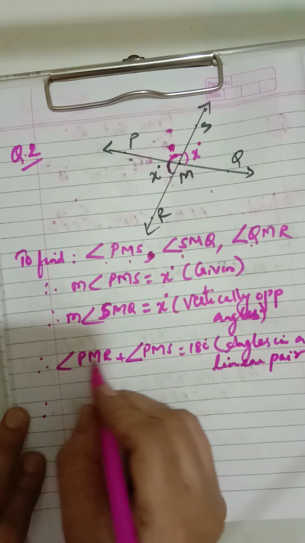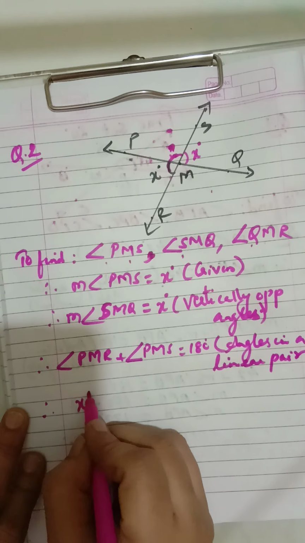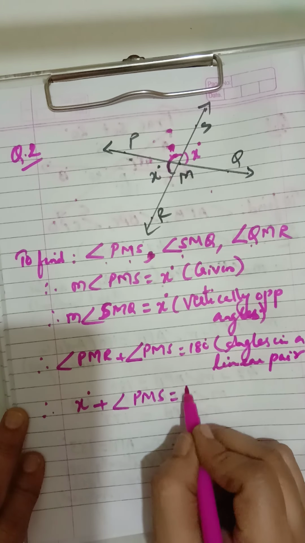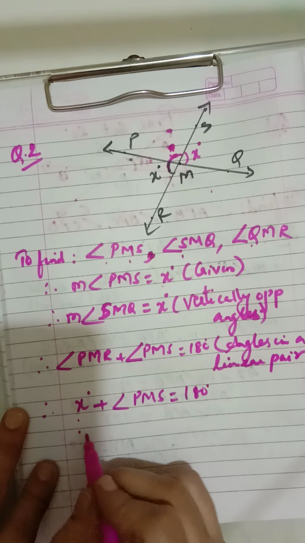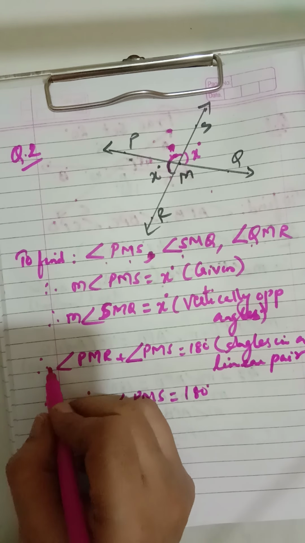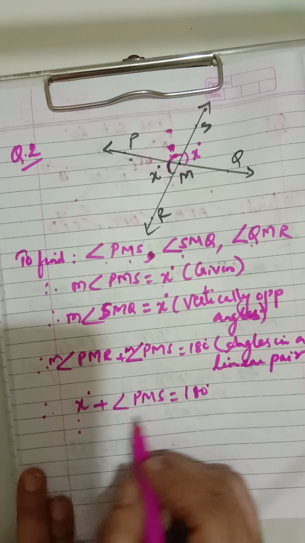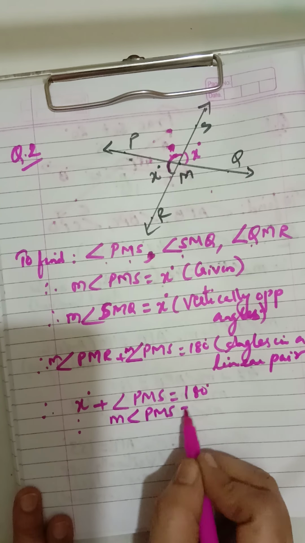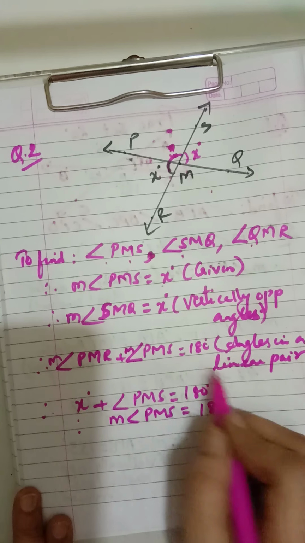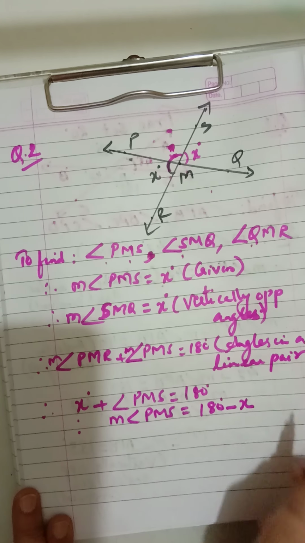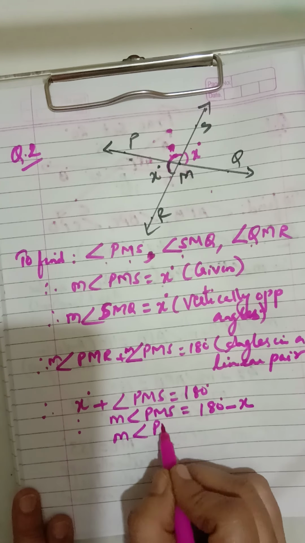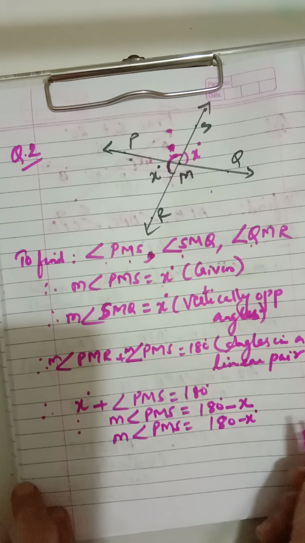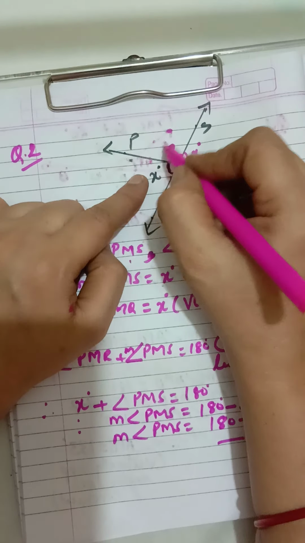Now therefore PMR is x degree plus angle PMS is equal to 180 degree. Therefore measure angle PMS is equal to 180 minus x degree, as x will go to that side. Now this angle, what have we got, children?